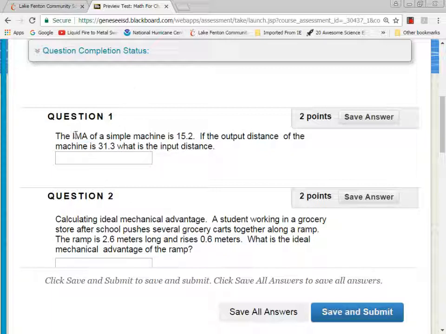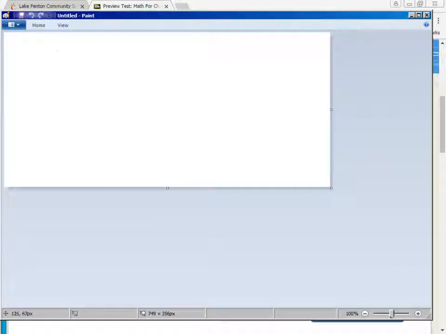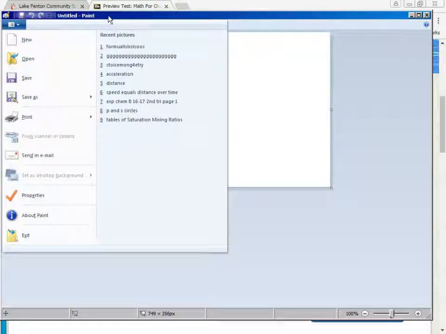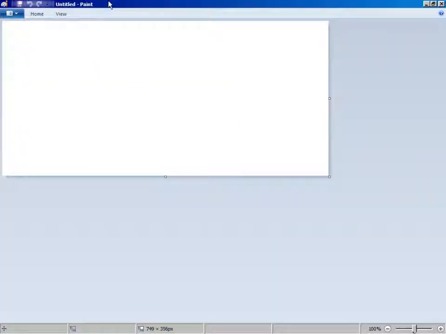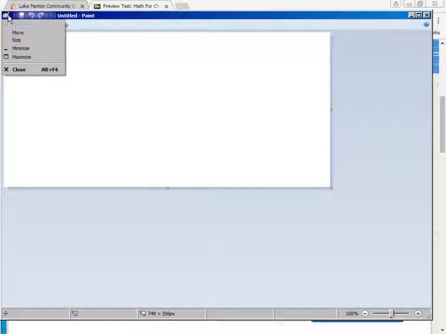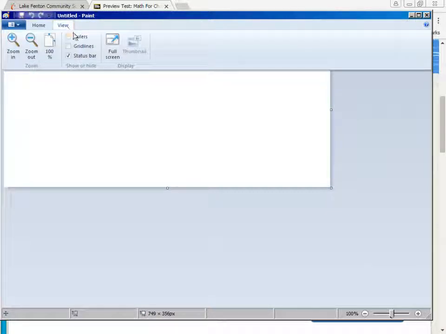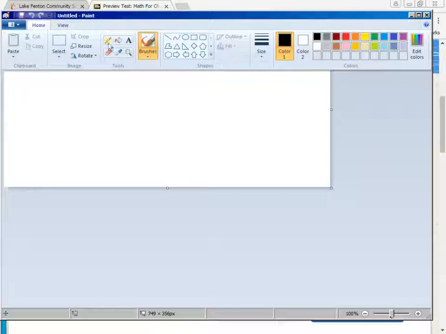The IMA formula, if we look at it, is input distance. I wonder why I can't see that. There we go.